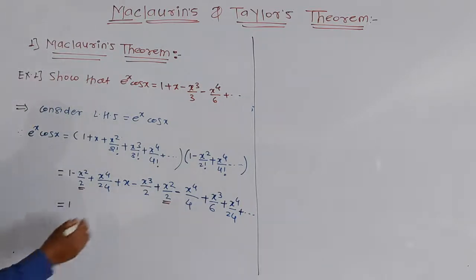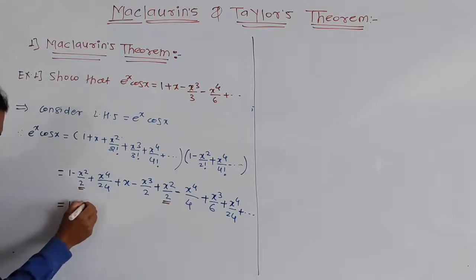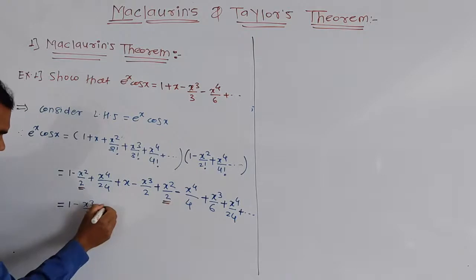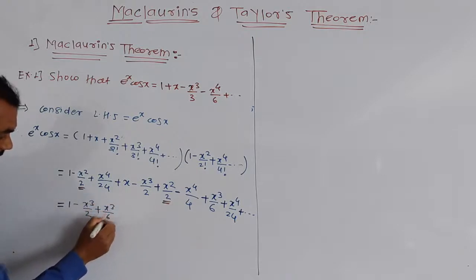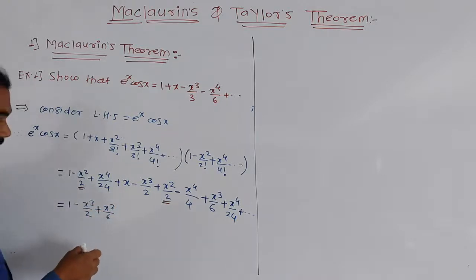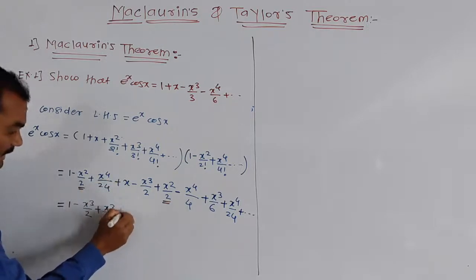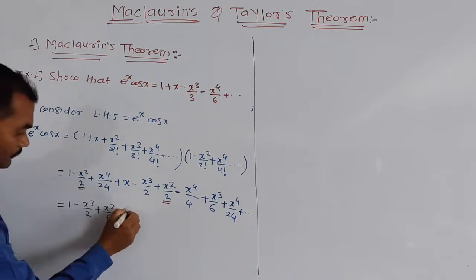Then see the power of x cube. Here is minus x cube by 2, here plus x cube by 6. Correct. Then last, this x is missing, I will write here x.